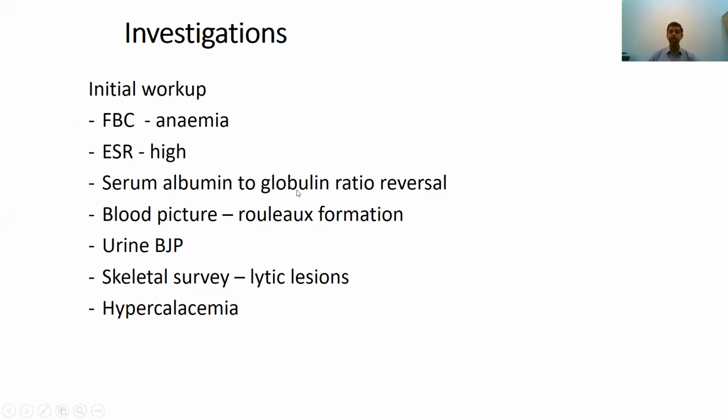Globulin is high because the immunoglobulin molecules are in the globulin fraction. You look at the blood picture for rouleaux formation, do urine Bence-Jones proteins, a skeletal survey to look for lytic lesions, and serum calcium to look for hypercalcemia. This you do in any of your myeloma patients.